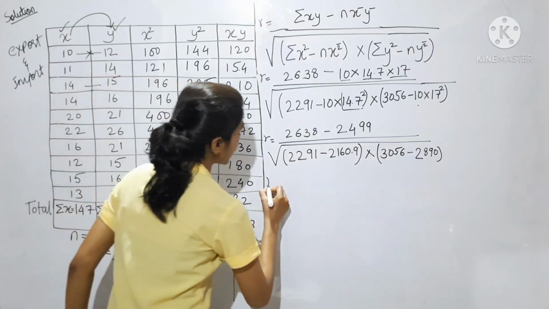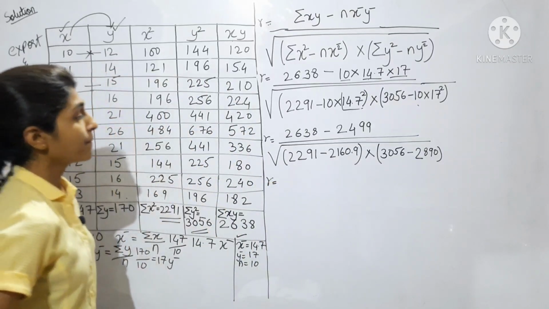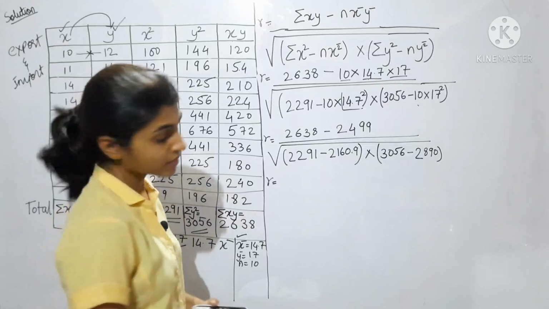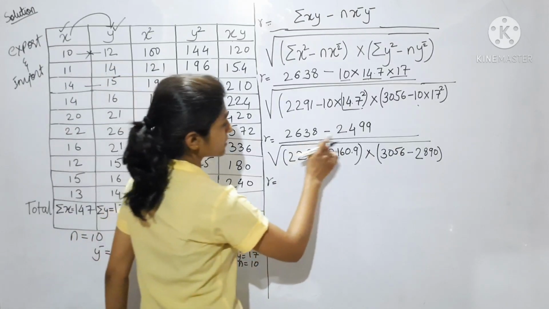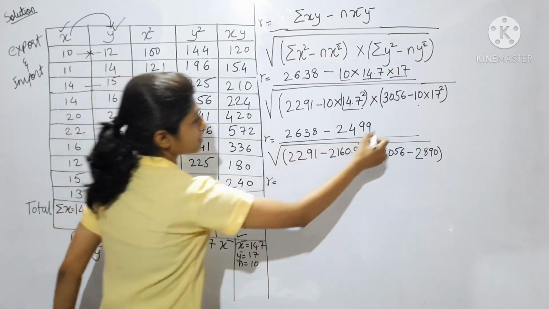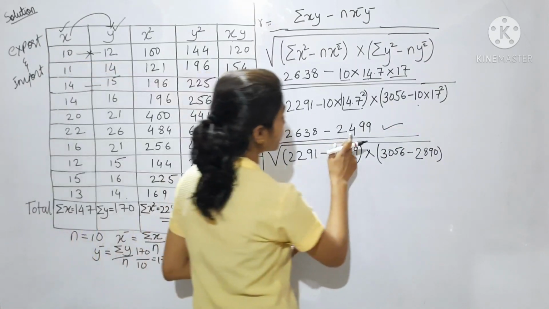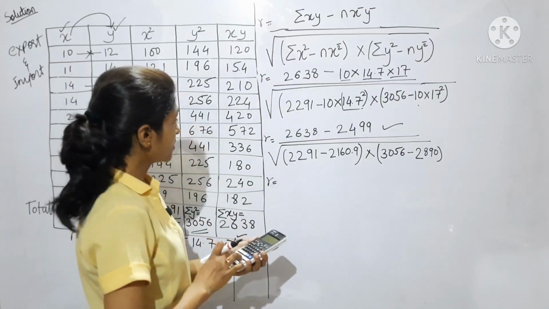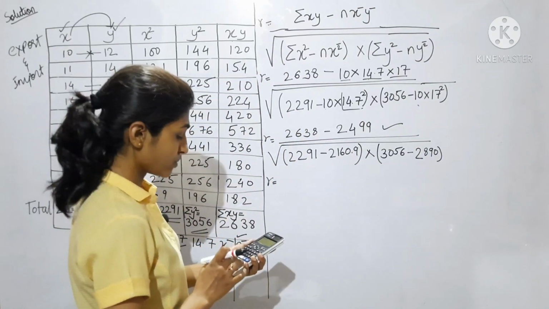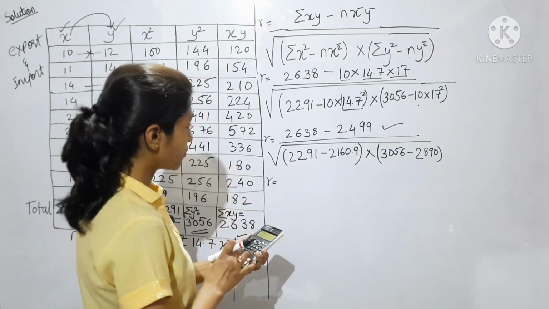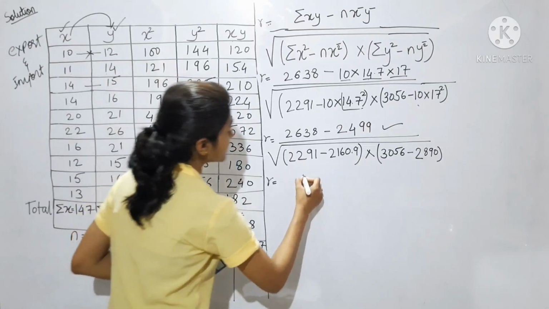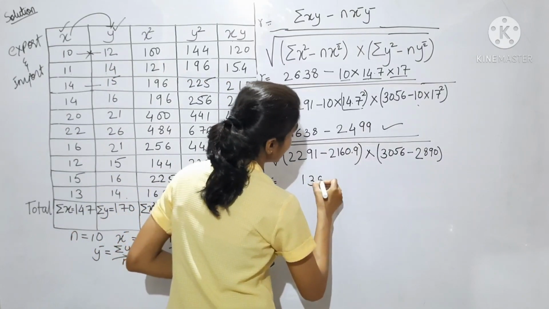Now next step is minus this, 2638 minus 2499. You get the answer 139.